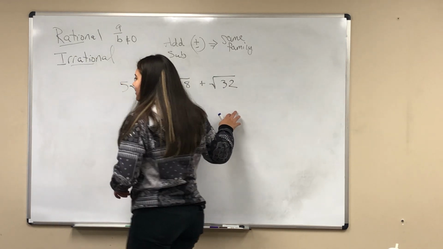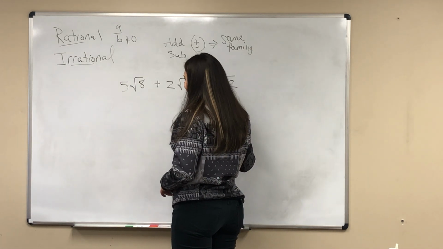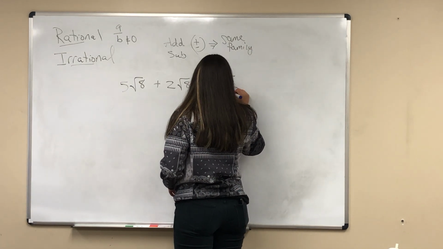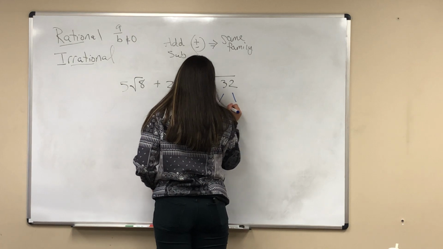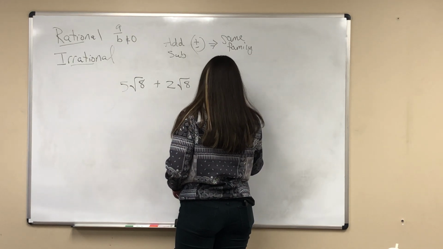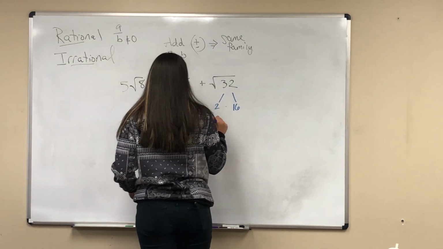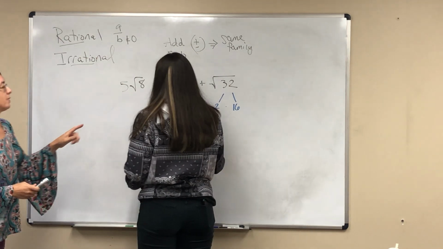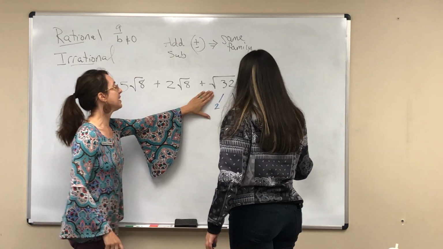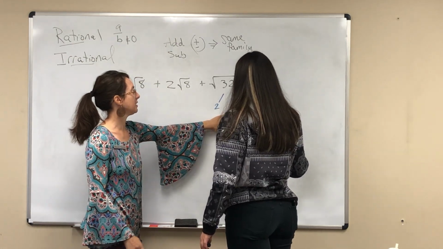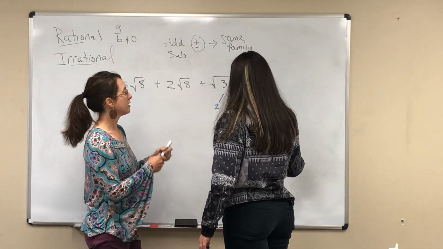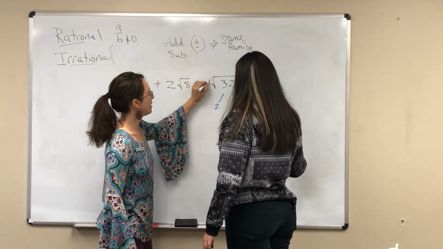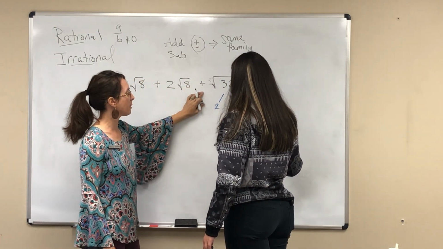Can I just simplify that one down? Yes, perfect. Excellent. Okay, so now, perfect. The inside is 2 times 16. This is really a square root, right? It says I need 2 of the same numbers.